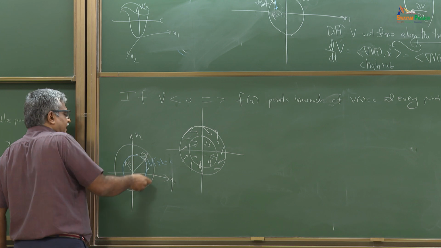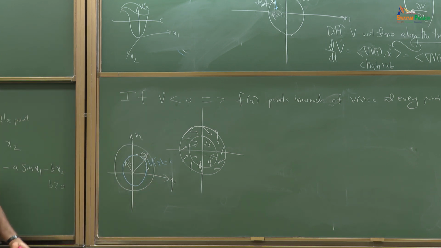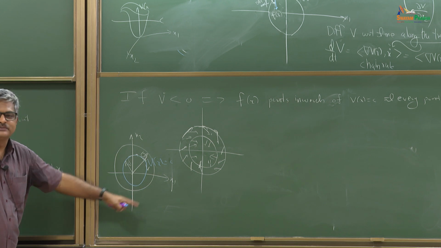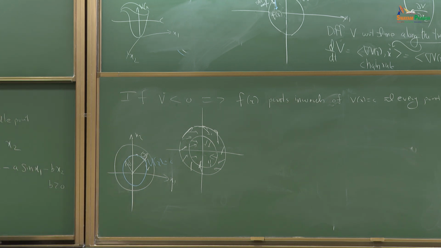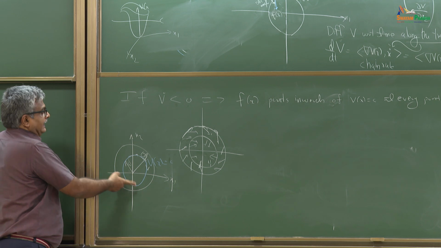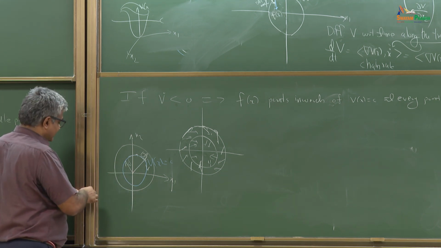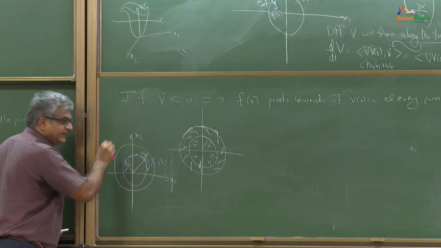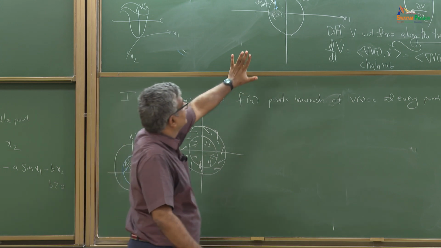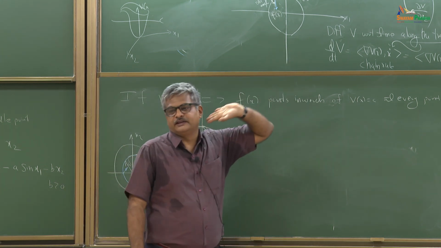So at the most I will remain in this ball, that's all. And I know that I am trapped forever in the epsilon ball. So I still have stability. If you recall, I don't need to go to the origin for stability. If you have some nice property wherein these vector fields are actually pointing inside, then I will have asymptotic stability, right? So you see, this is the whole geometry of the Lyapunov theorem.